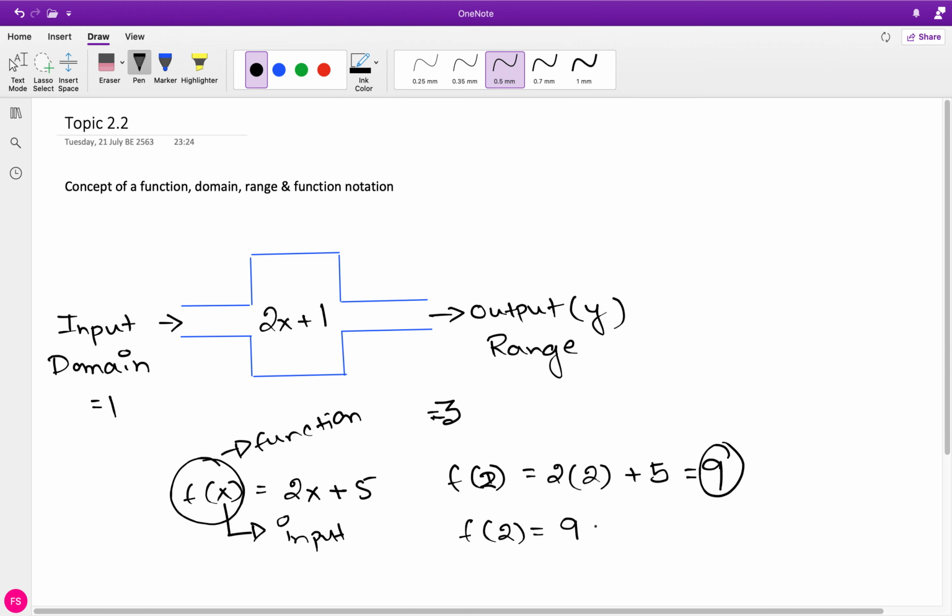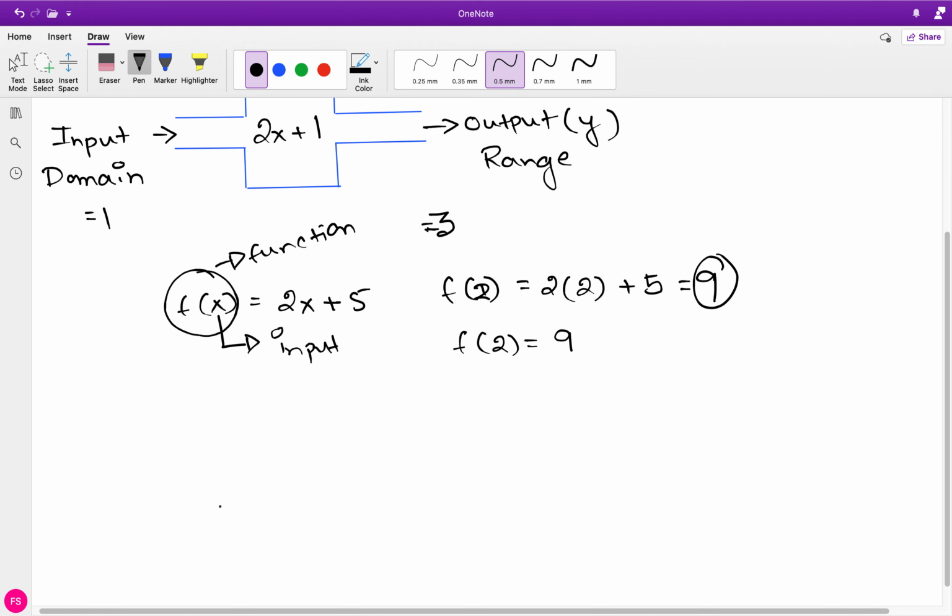Now it's not necessary that the name of the function has to be f of x all the time. It could be anything. For example, you can represent the position of a particle by the function. Let me name it x of t. So let's say this function is t cubed minus 4t squared plus 3t minus 2. So this is the position of a particle and it's represented by this function x of t, where t is the time.